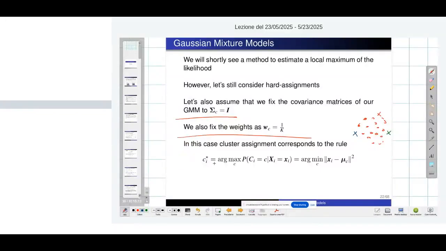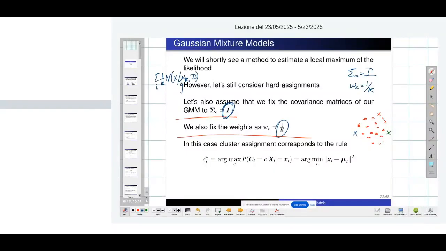Now, let's consider a simplified problem where we fix all the Gaussian covariance matrices to be identity, and we also fix the weights of the model to be 1 over k. That is, we force our model to be a model that is defined in this way.